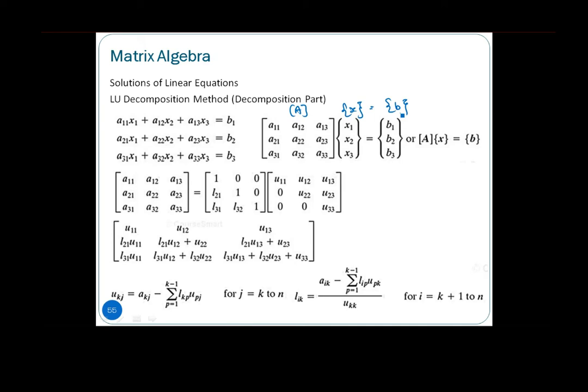The upper triangular matrix is full. In the lower triangular matrix, the diagonal is replaced by the unity, 1, 1, 1, followed by the lower parts.